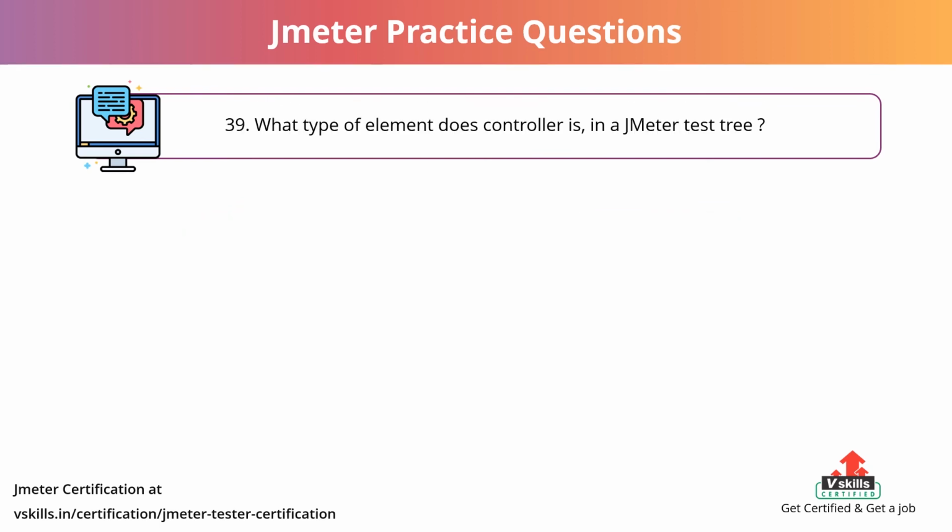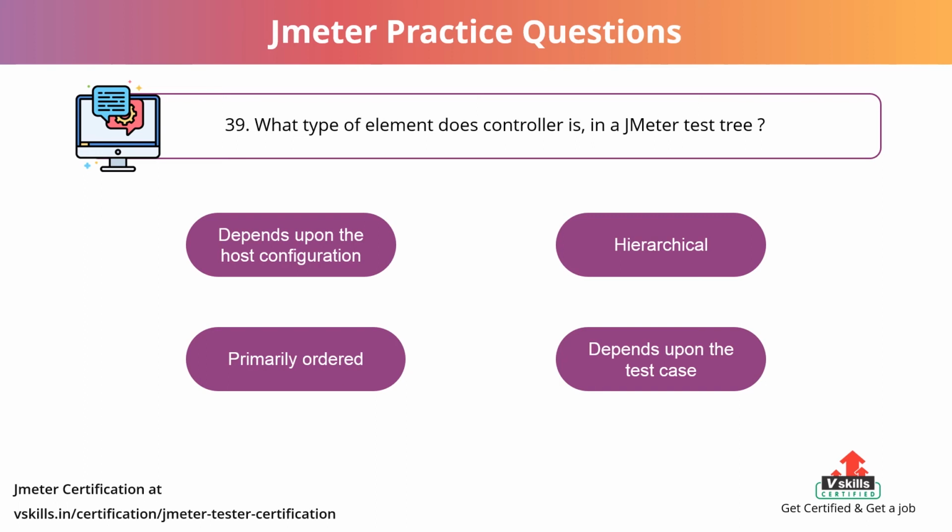What type of element is a controller in a JMeter test tree? The options are A, depends upon the host configuration, B, hierarchical, C, primarily ordered, D, depends upon the test case. The correct answer is option C.